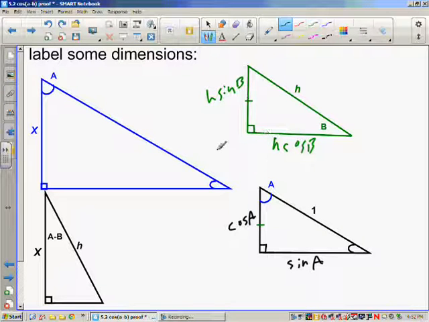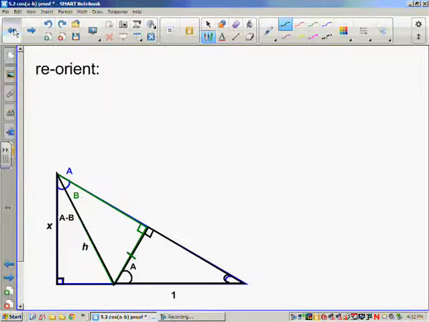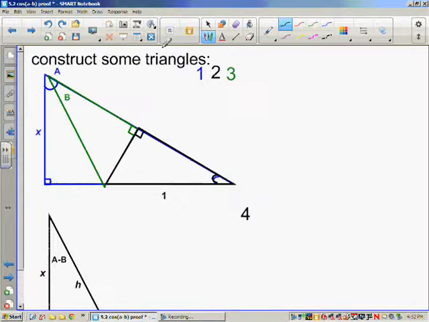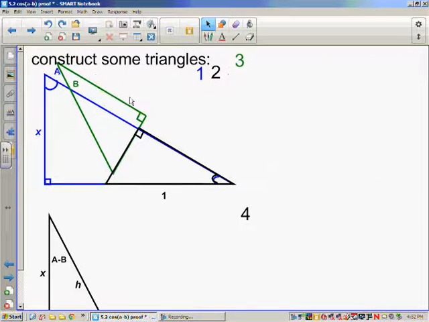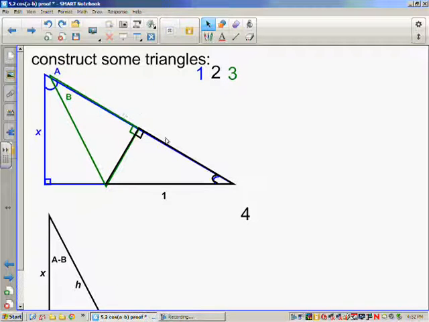And now another connection I want to make, remembering back in this triangle, we had the base of the green triangle plus the base of the black triangle here, the congruent triangle. If we added those two, we would get the exact length of the hypotenuse of the blue.